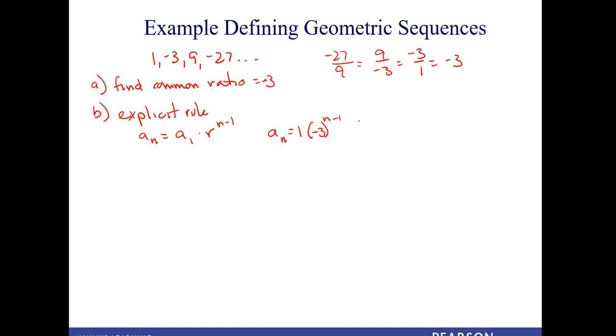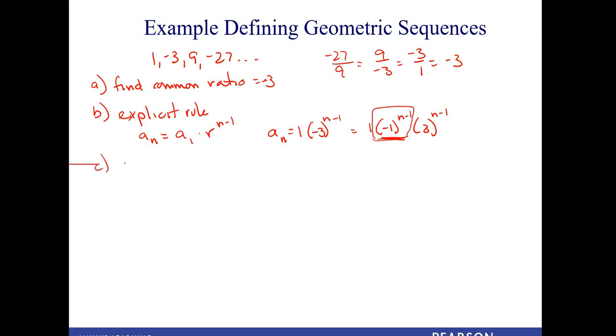Now, sometimes we take this and break it down, and that -3, we factor it so that we have 1, and I don't really need the 1 here, and then I take -1 to the n minus 1 times 3 to the n minus 1. When I see this, I know that my series is going to flip-flop plus minus plus minus plus minus. So this notation of pulling that -1 out will become useful as we move forward.